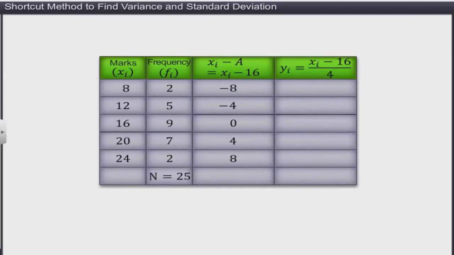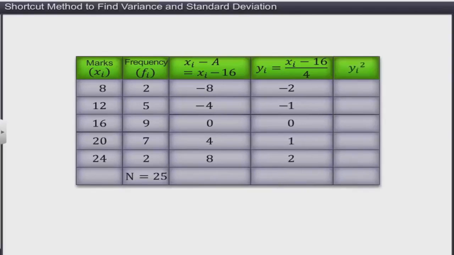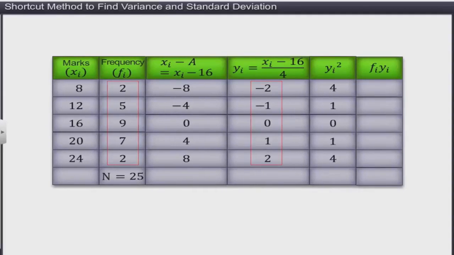The values of the yi's are calculated as -2, -1, 0, 1, 2. The squares of the yi's are obtained as 4, 1, 0, 1 and 4. The products of fi and yi are -4, -5, 0, 7 and 4 respectively.